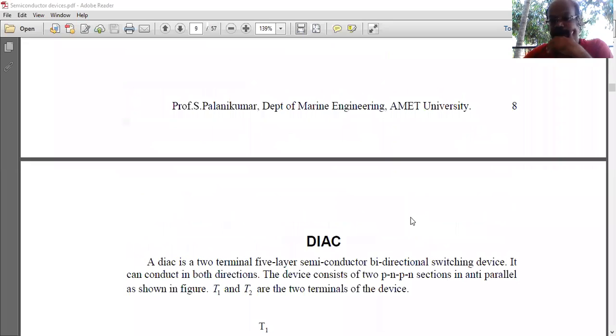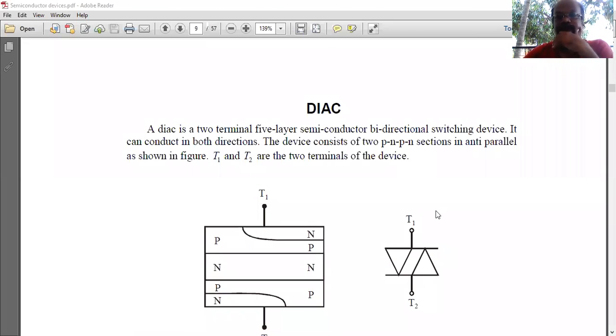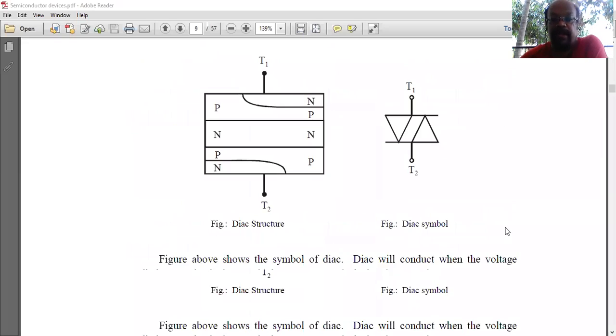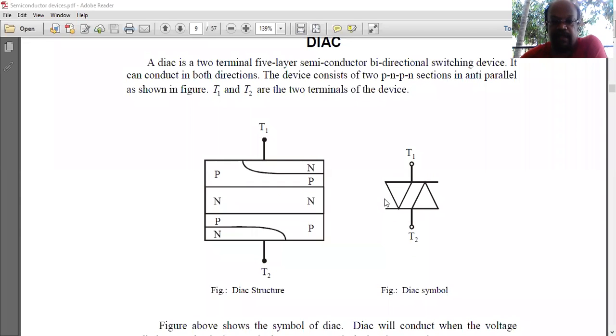Another device is the DIAC. It has a four-layer PN structure. A DIAC is a two-terminal, four-layer device. If you see, the diodes are in anti-parallel, one diode like this and another diode like this.